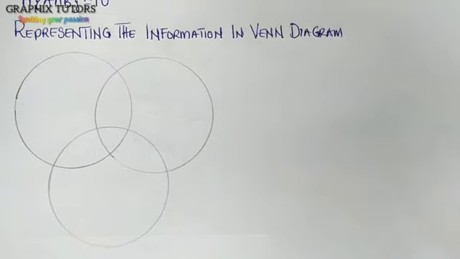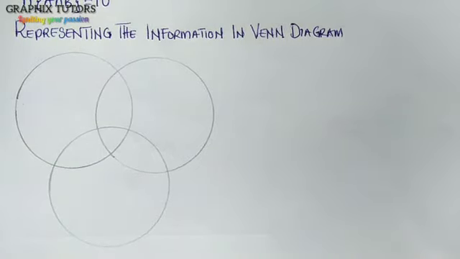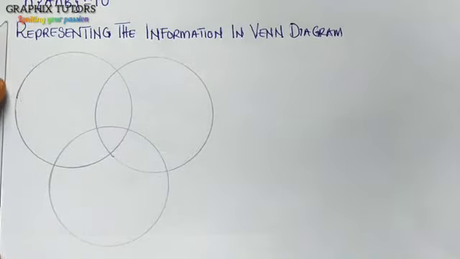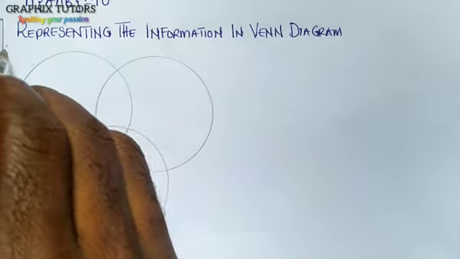Now the next thing is you just pick up your rule, right? And you draw your box surrounding it.